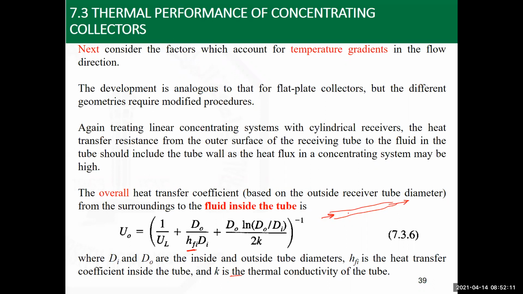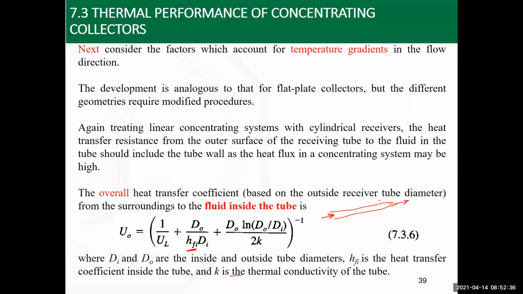As it's moving here, it transfers heat by convection with the surface. The outer surface is hot, this has been heated, which is our receiver. Inside there's a fluid which is passing, so this fluid is to be heated. Heat transfer by convection from the surface to the fluid is going to occur, and the heat transfer coefficient in this case is HFI.